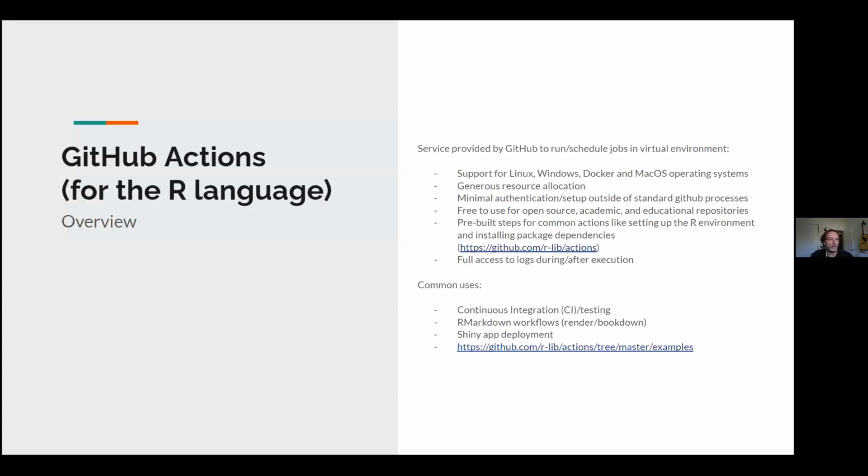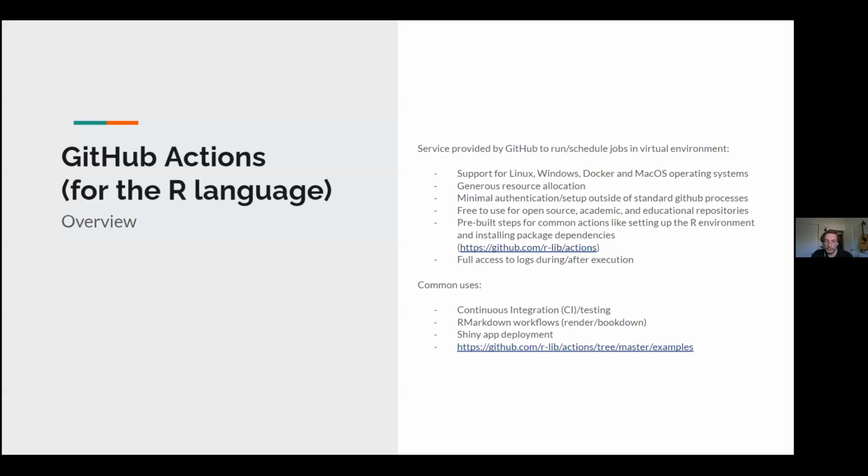So just a quick overview of GitHub Actions. We're using GitHub Actions specifically for the R language, although it supports many. It's a relatively new service provided by GitHub that allows you to run and schedule jobs in a virtual environment. And it supports all of the operating systems.